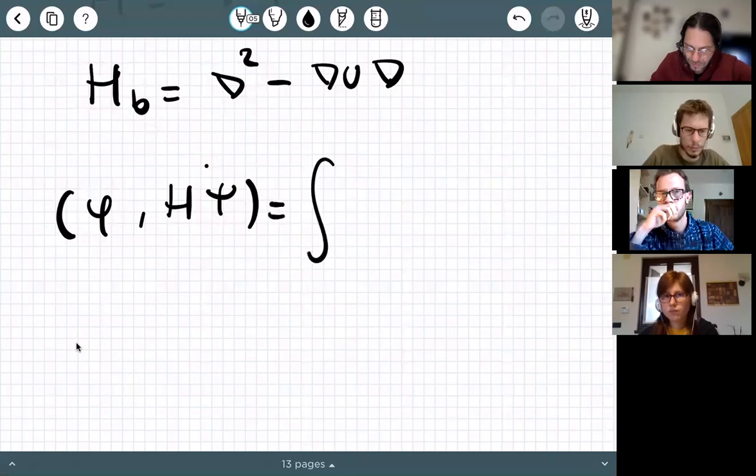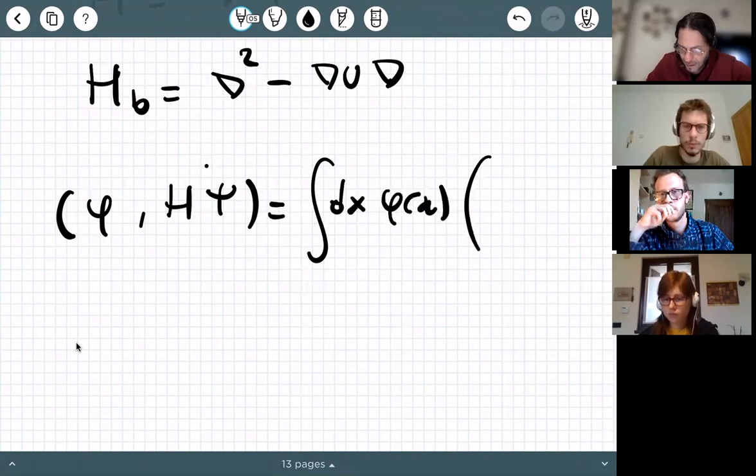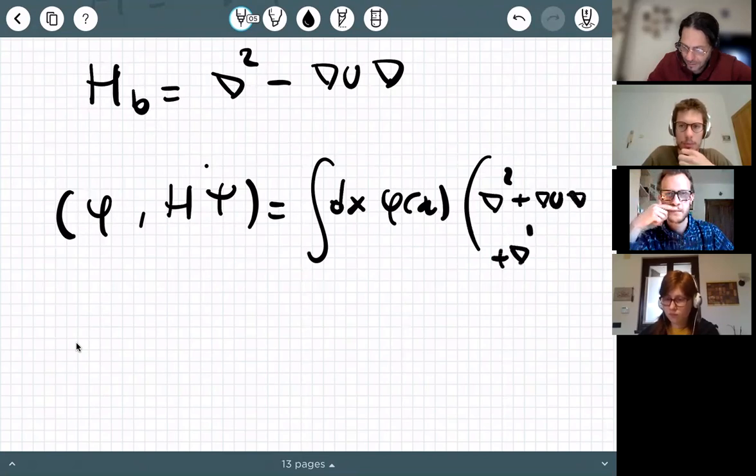This is equal to the integral in dx of phi of x, and then, of course, I have this plus this plus this on psi. Sorry, u.